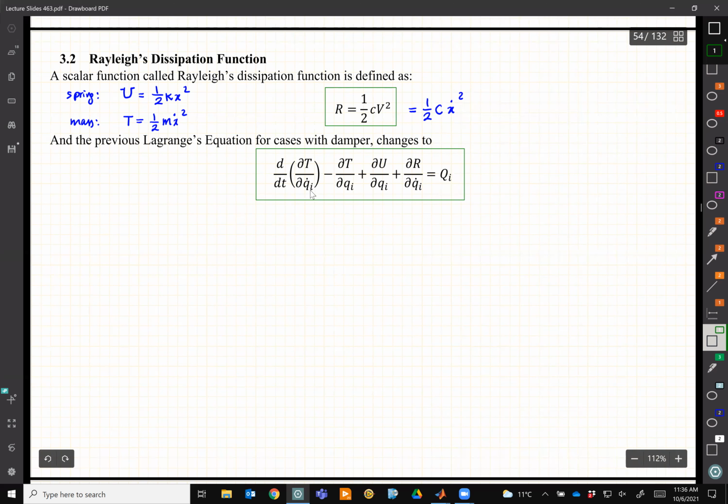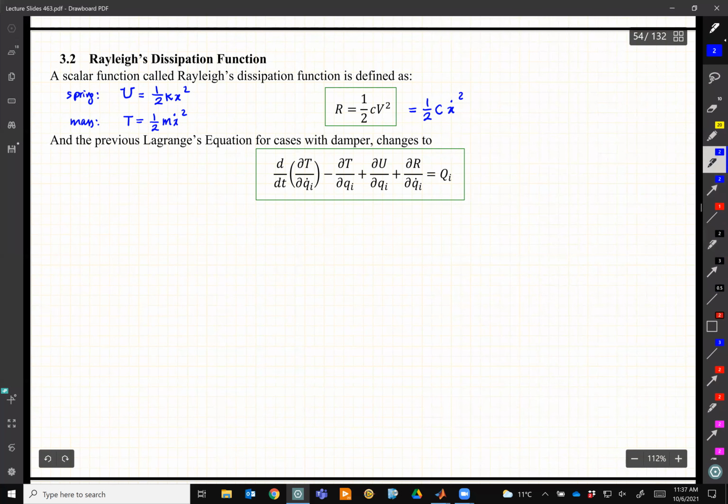Why do we have qi? Because this Lagrange equation is for general system. You can have many variables. For example, a 2-degree freedom system or 10-degree freedom system, you can still use the Lagrange equation. We will see it when we get to the n degree of freedom system. But for now, we have just one variable, let's say x.